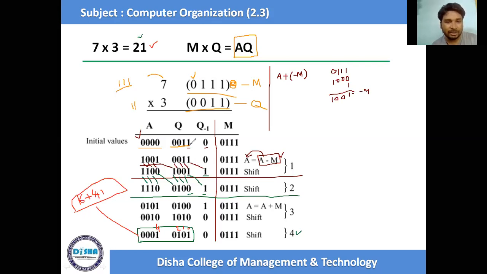After that arithmetic operation is over, we have to shift right by one bit. So in this case we are shifting one bit to the right.